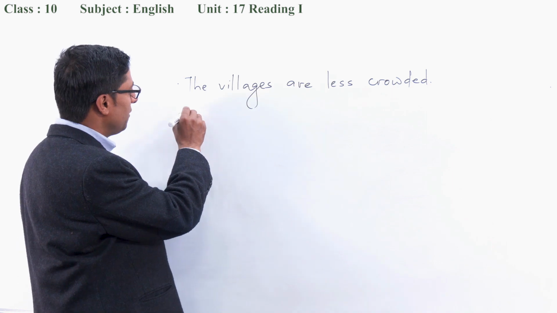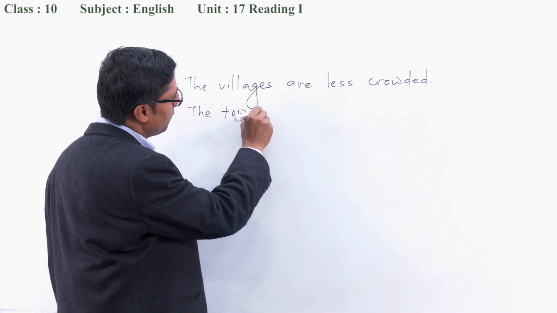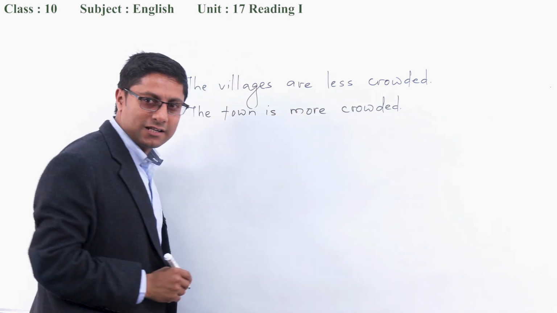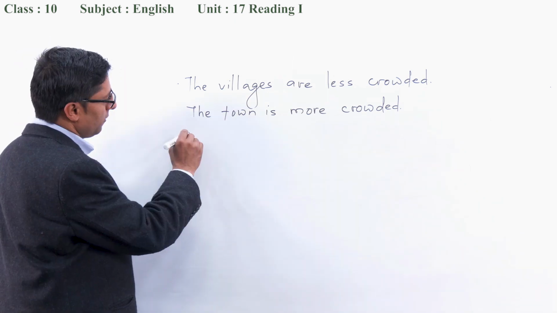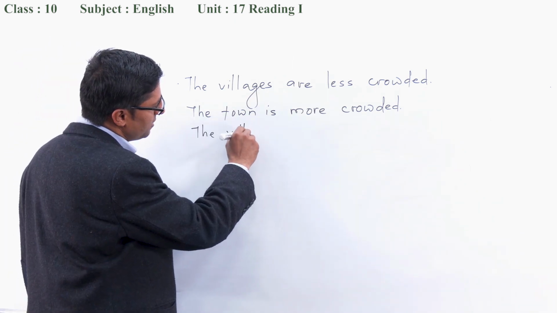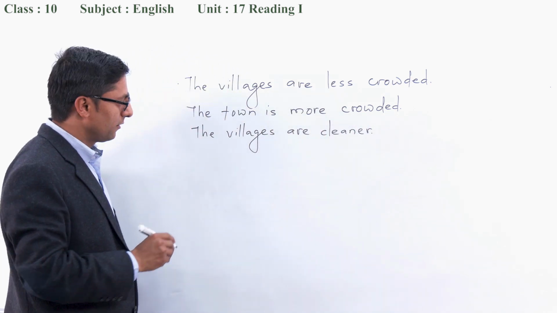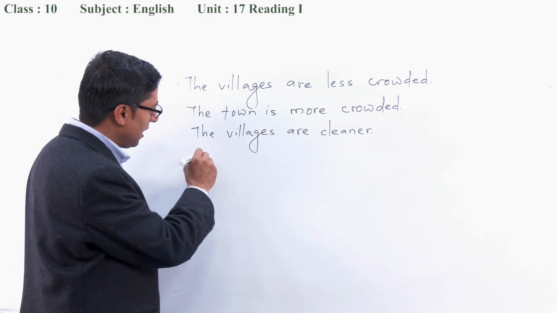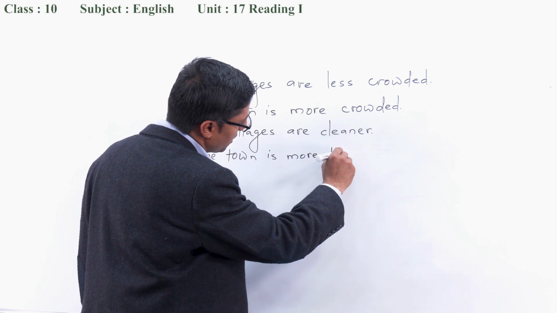Okay, the town in the picture is more crowded. Okay, that's good. Anything more? Okay, the villages are cleaner. Okay, so next. All right, the town is more polluted.